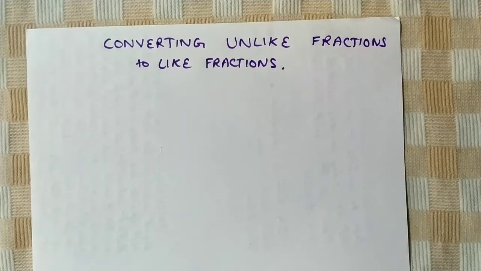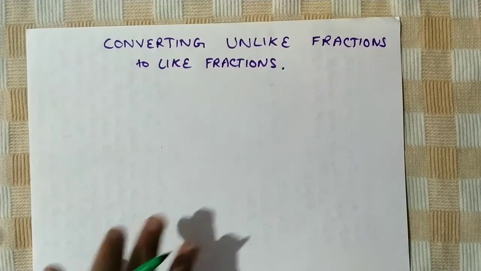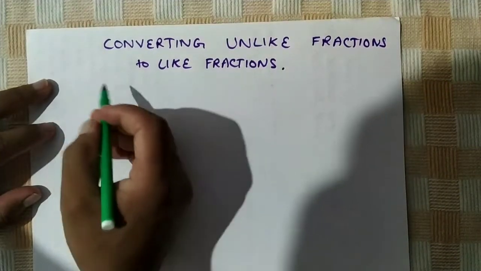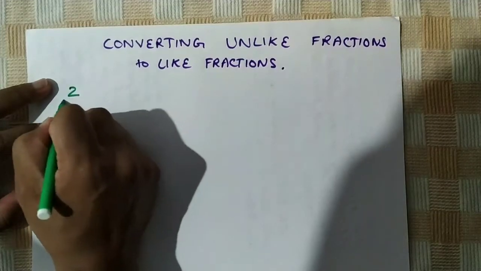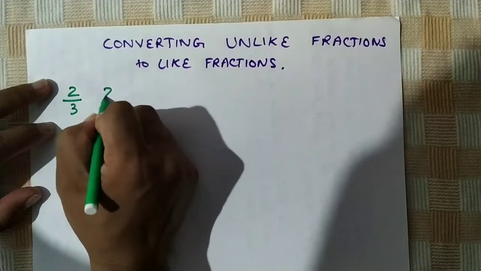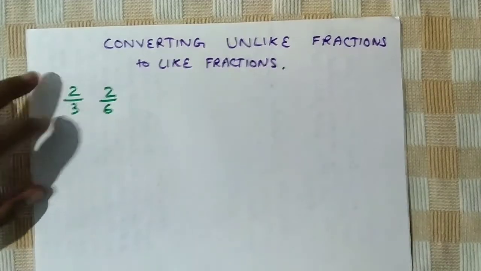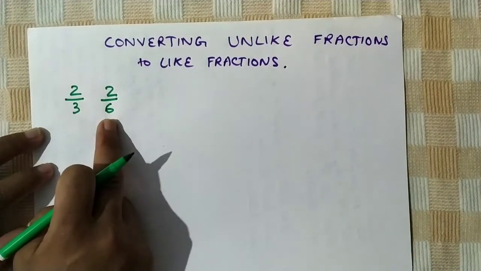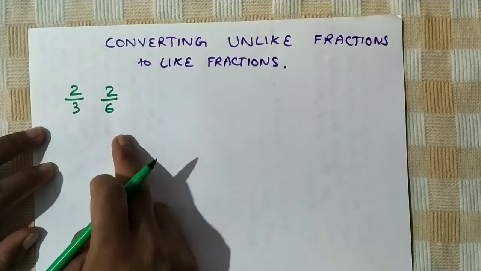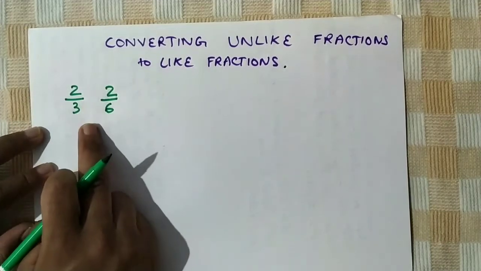So now we will learn converting unlike fractions to like fractions. Let's take two fractions, for example 2 by 3 and 2 by 6. The denominators are not the same, so this means that these are unlike fractions. So now we'll have to convert these into like fractions.